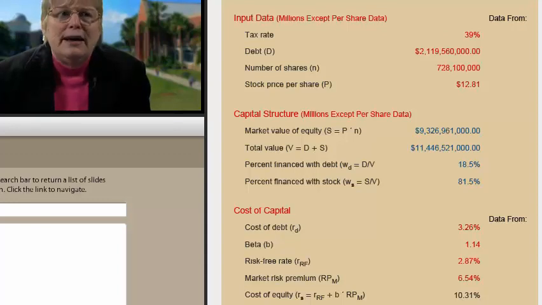So you input the tax rate, you input the existing amount of debt, the number of shares now, and the current stock price. The Excel sheet then calculates the market value of equity, the total value of the firm, and the existing capital structure, how much was financed with equity and how much with debt. It then examines your cost of capital.